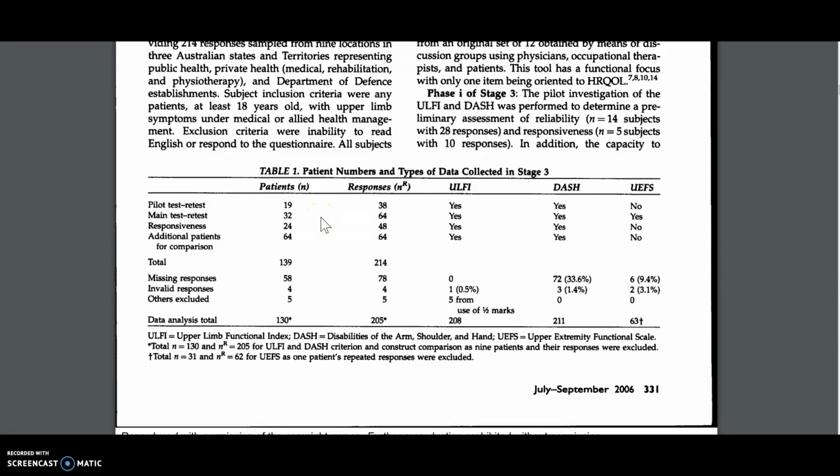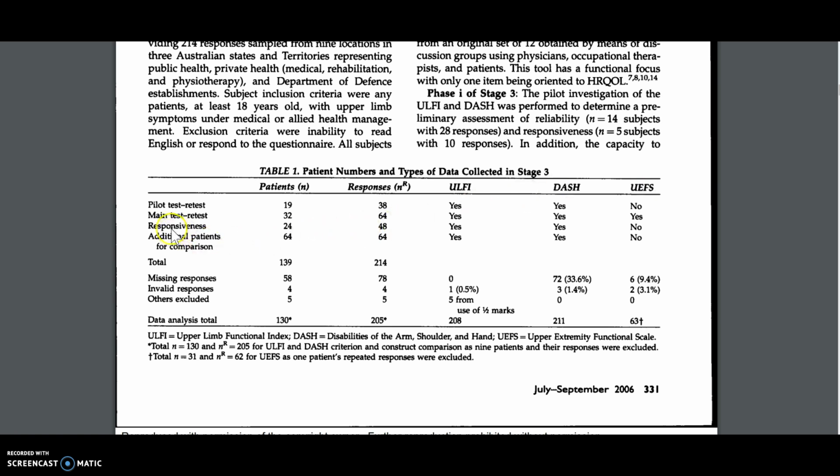So the table is telling you there was a pilot test where they looked at test-retest reliability. There were 19 subjects or 19 patients in that trial, and there was a total of 38 responses recorded for those 19 patients. And they looked at this in the ULFI and they looked at it in the DASH, but it was not accessible for the UEFS.